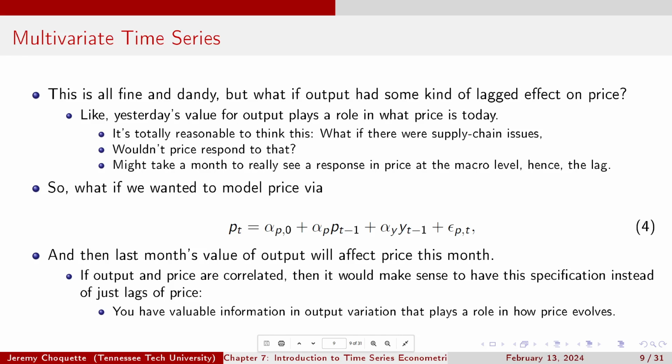So last month's or last quarter's value of output is going to be affecting what price is this month. And if output and price are correlated, it would probably make sense to have this instead of just lagged price, because there's valuable information in that variation in output that we're looking at in determining the way that the price level will be evolving over time.